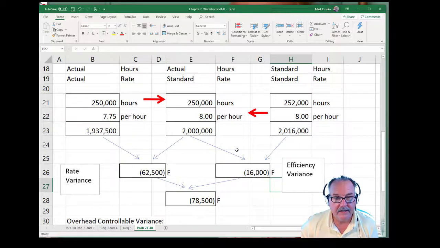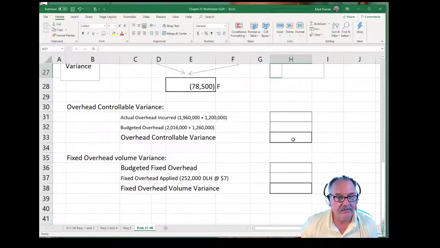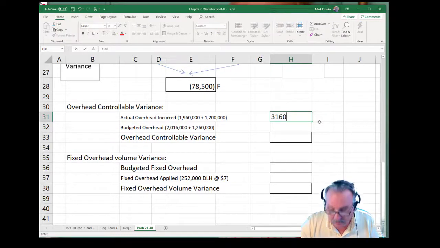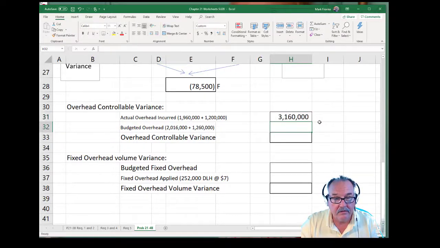And then our last analysis is the overhead variances. These are just given to you in the book, but we'll schedule them out. This is the $1,960,000 plus the $1,200,000. That was what we actually spent on overhead.